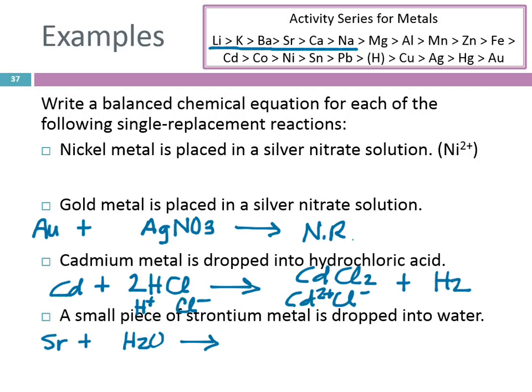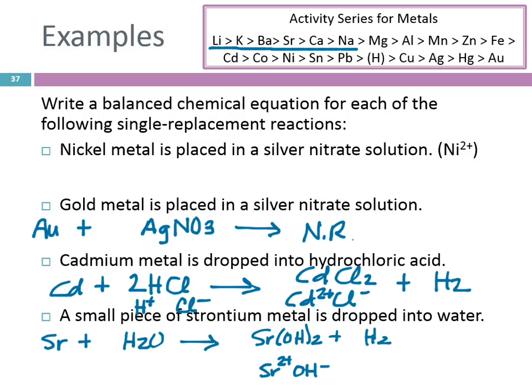Metal hydroxide. So it'll be strontium hydroxide. What charge does the strontium ion have? 2+. It's on the periodic table. So Sr(OH)2 plus hydrogen.